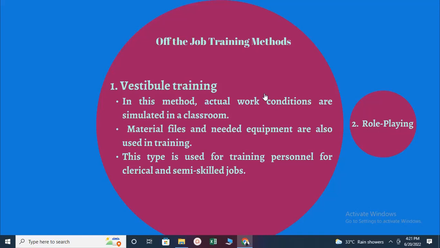This type is used for training personnel for clerical and semi-skilled jobs. If you take the example of typewriters, newly joined people don't know. Initially they basically know how to type, but in this particular training they learn how to correct themselves. Everything can be trained physically in this. This is the first method.